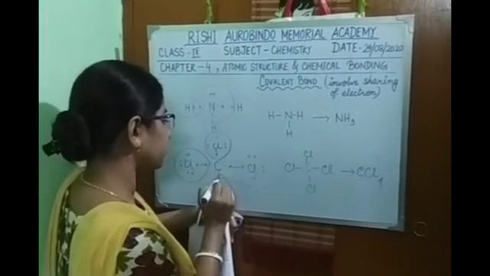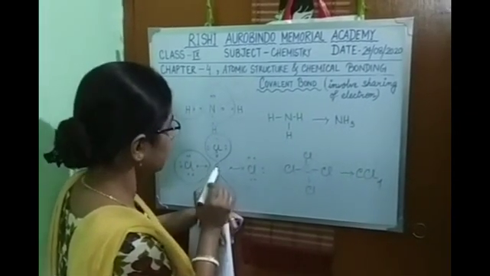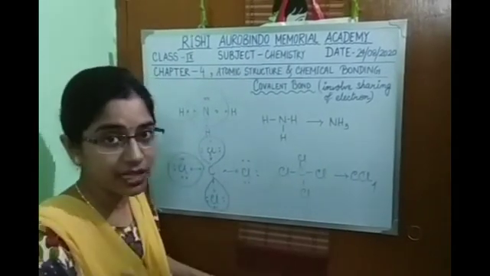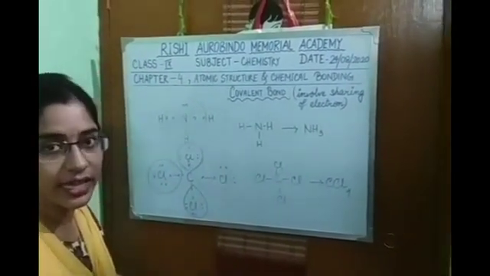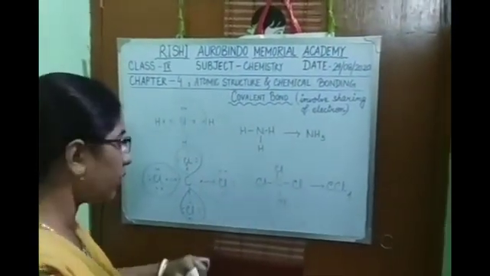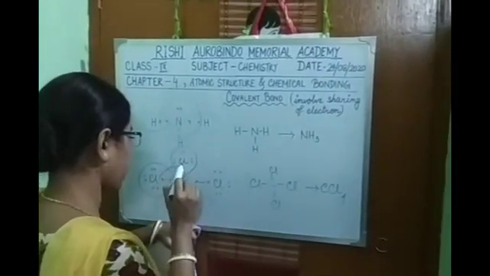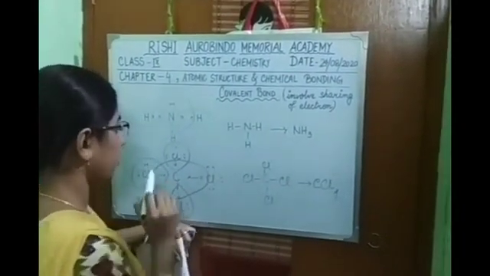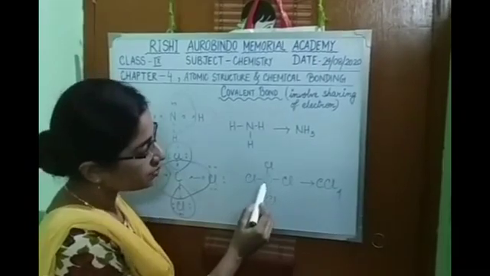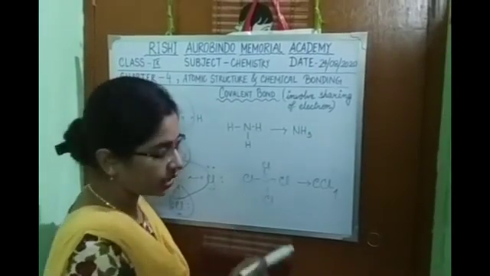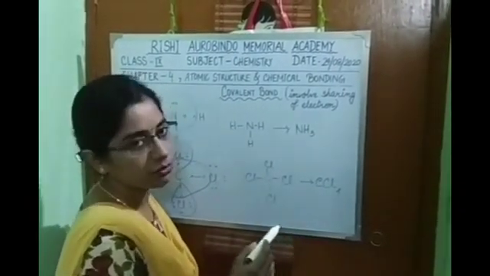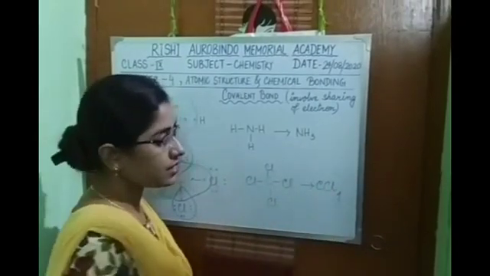So carbon itself has 4, and it gets 4 from the chlorines, so it becomes 8. So carbon having 4 single bonds with 4 atoms of chlorine forms CCl4.